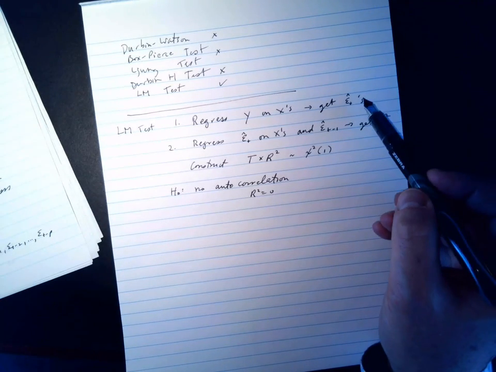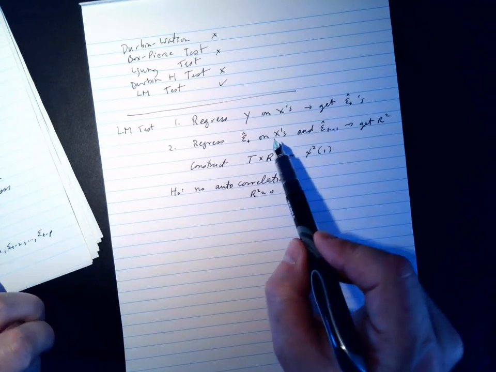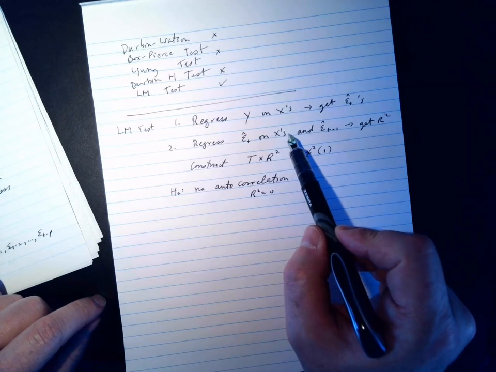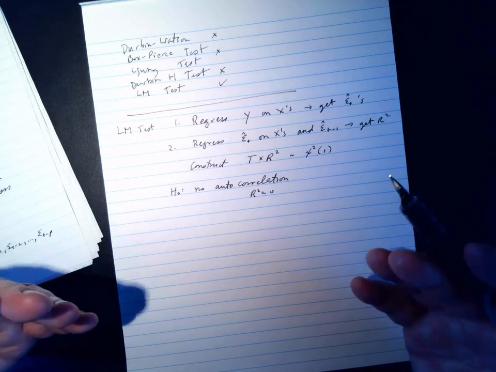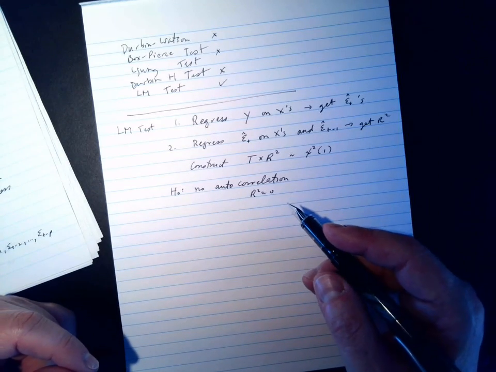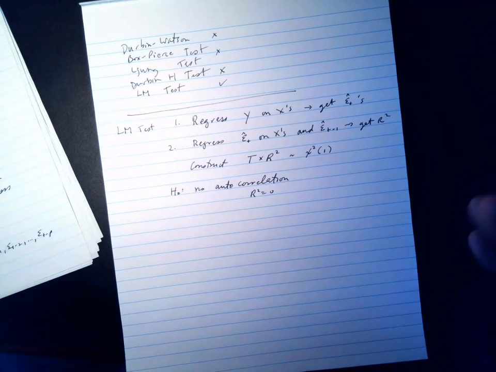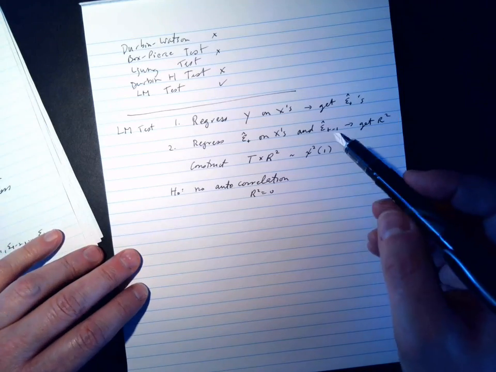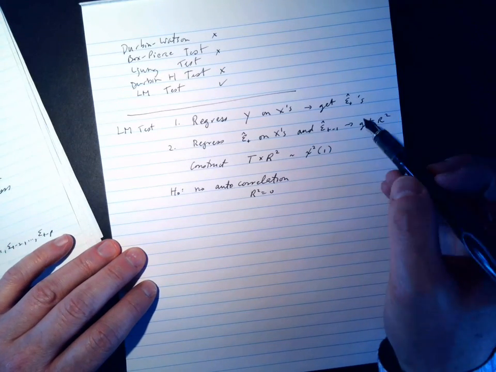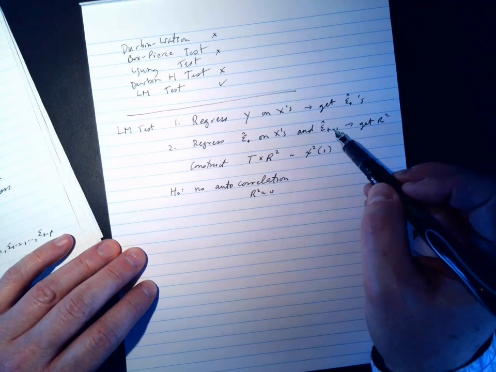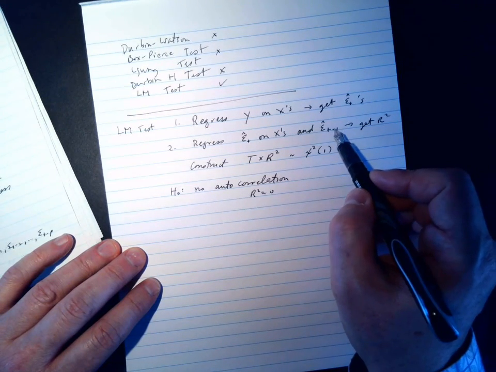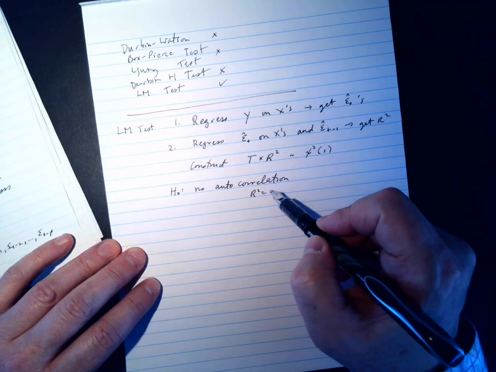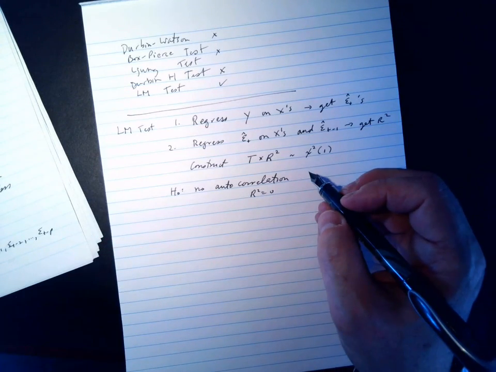If you take the residuals from a regression and just regress the residuals on the x's, you always get an r squared of 0. Just because of the way regression works, the residuals are the part not explained by the x's. All we've done here is add in the x's and the lagged residual, so it makes sense that if there's no autocorrelation, then that r squared will be 0.